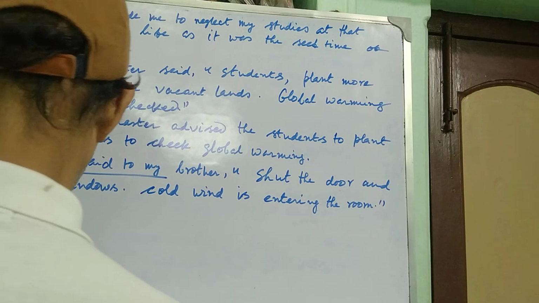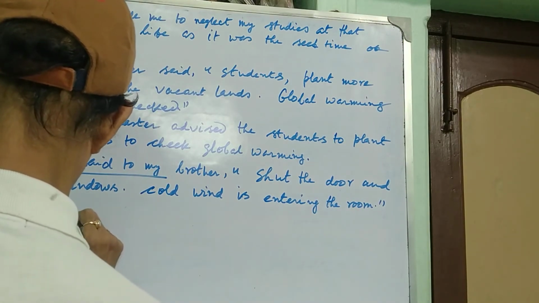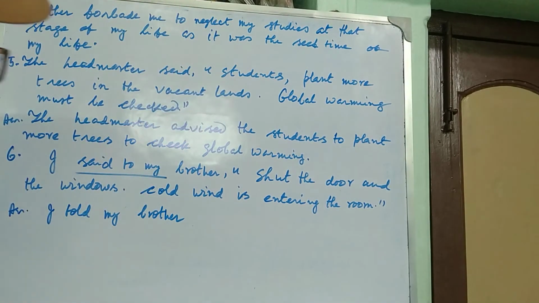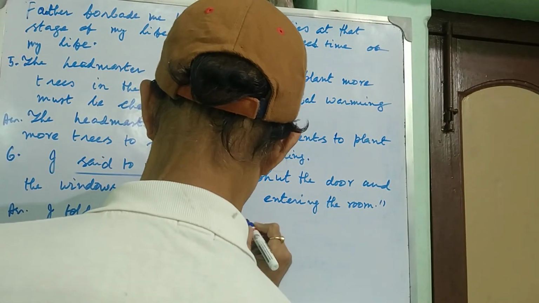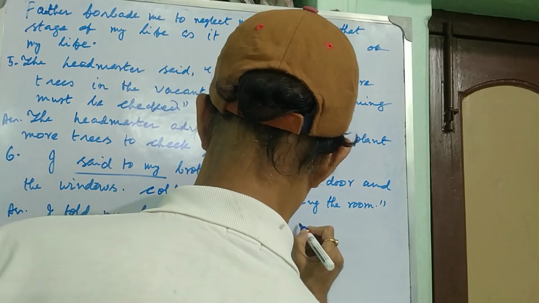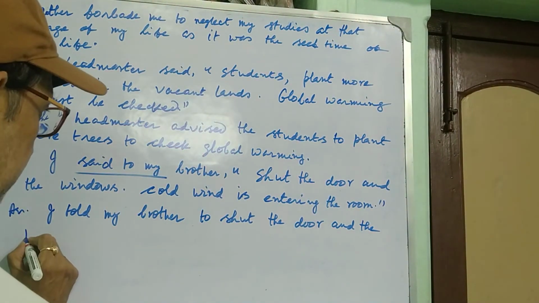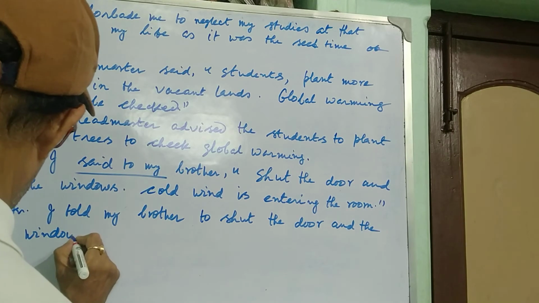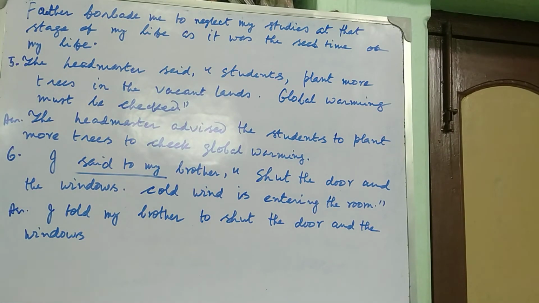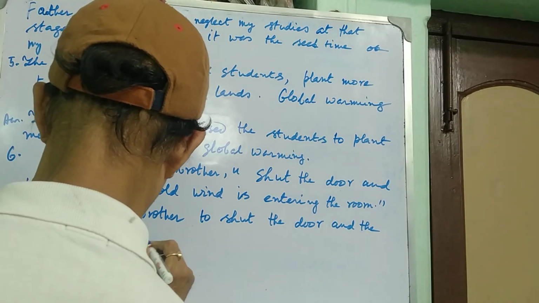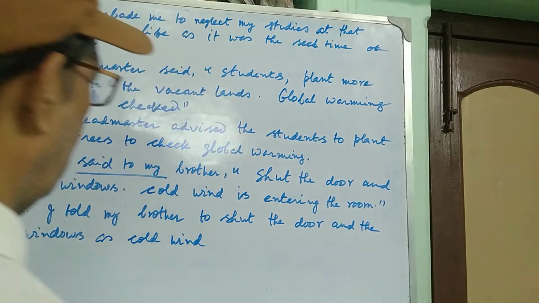So, I told my brother to shut the door and the windows to prevent the cold wind, or you may use an adverb clause of reason, as cold wind was entering the room.